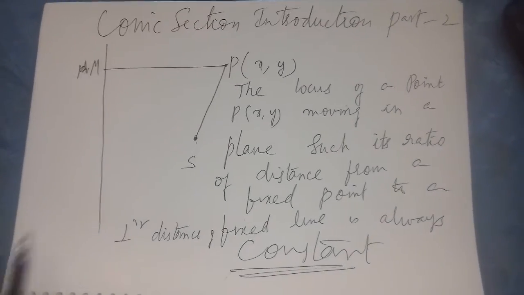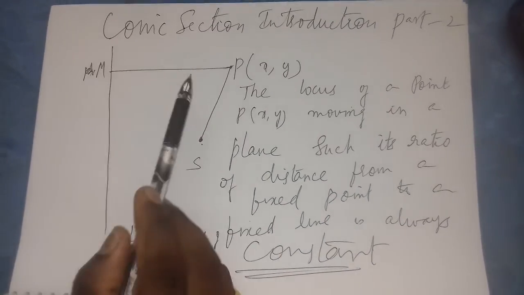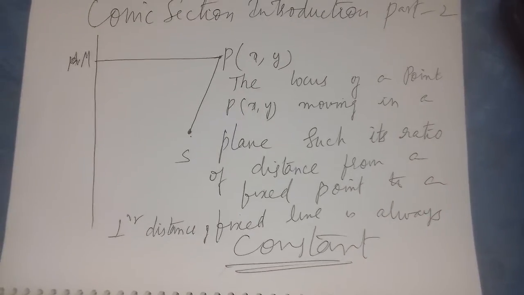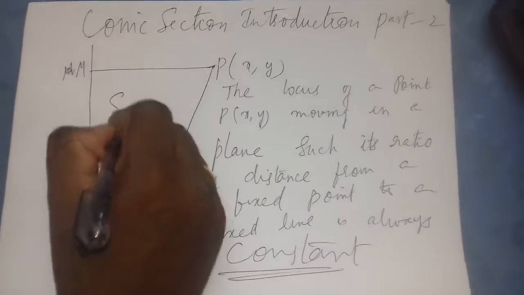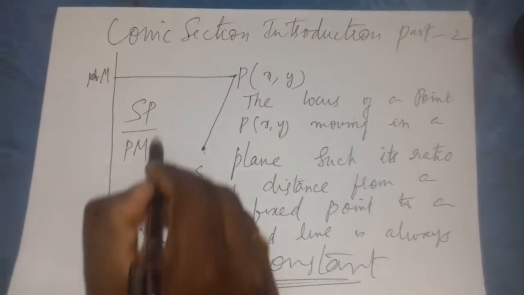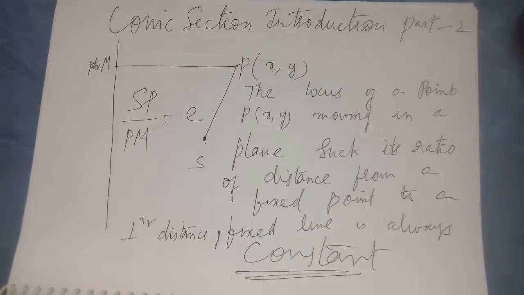So the distance SP and the perpendicular distance of P to M is always constant. So it is represented like this: SP by PM should be always constant.